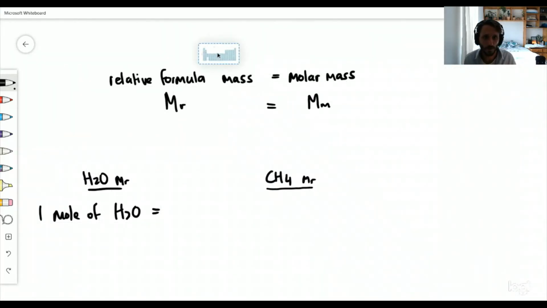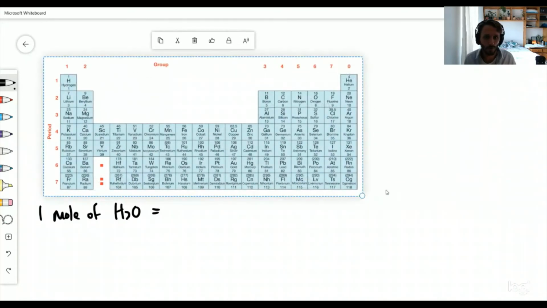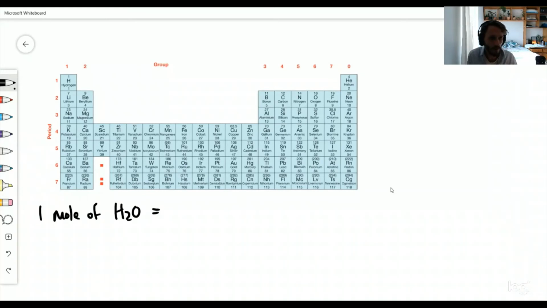Let's get our periodic table out here, nice and big. So H2O, we've got H, so this is, remember, 2. We've got H, which weighs 1 gram, but remember there are 2 atoms of it, so it's 1 times 2, the 1 coming from the molar mass of hydrogen, plus oxygen as well. How much does oxygen weigh? It weighs 16.